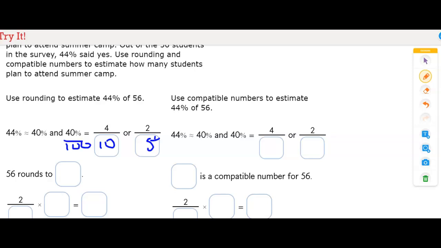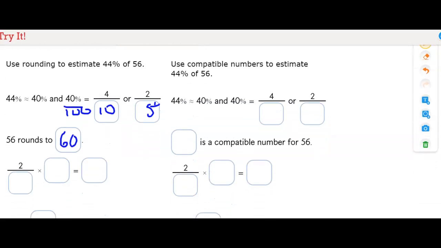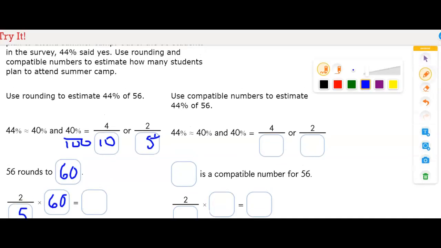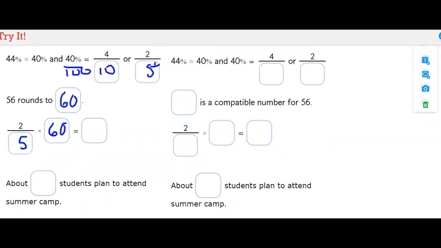And then we have 56 round to 60, and then we have 2/5 times 60. You could multiply straight across, but I like to simplify first, so we can simplify the 5.